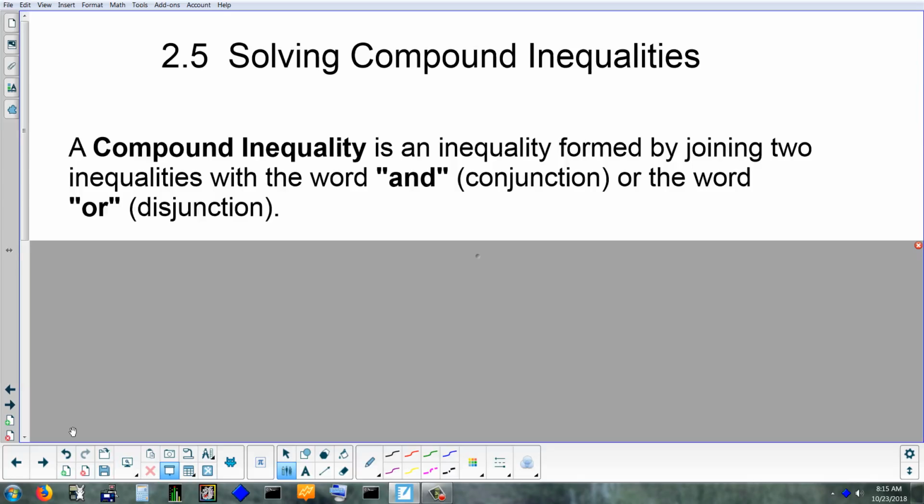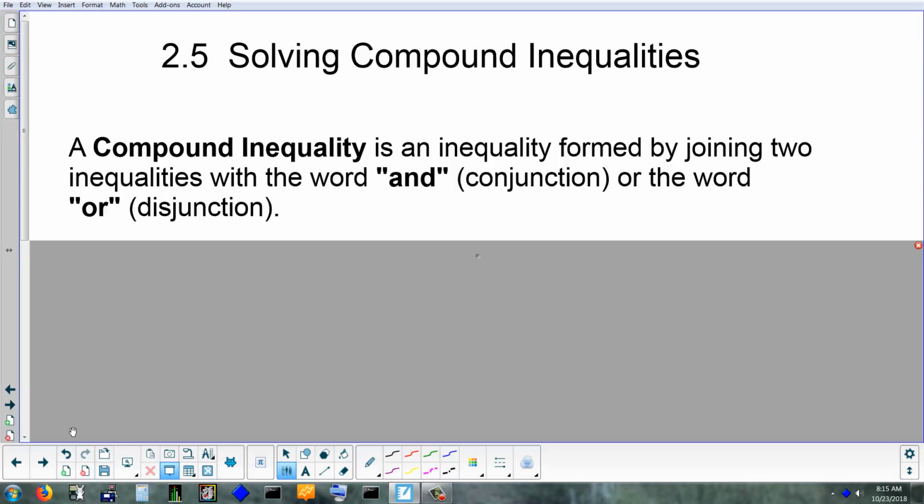So you have to be older than 6 and younger than 18. You have to be both. So you got to be somewhere in the middle, right? If you were 20, well, that's older than 6, but is it younger than 18? No. So you have to be both in that range.